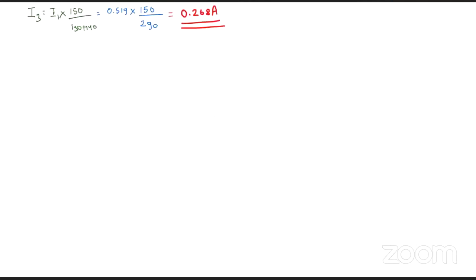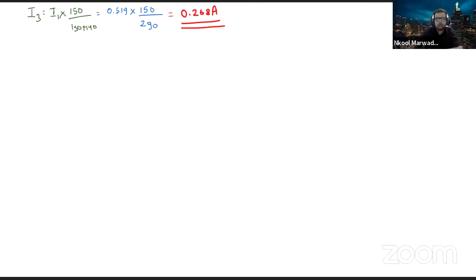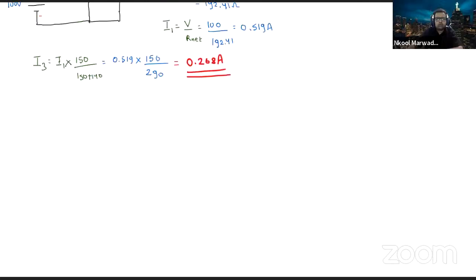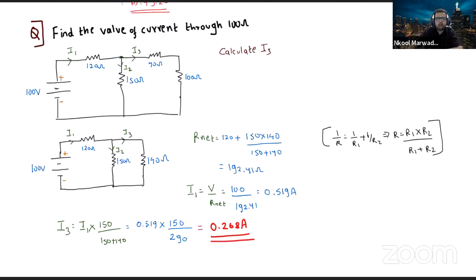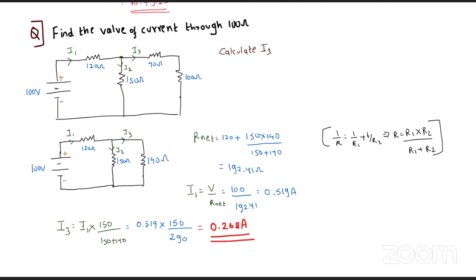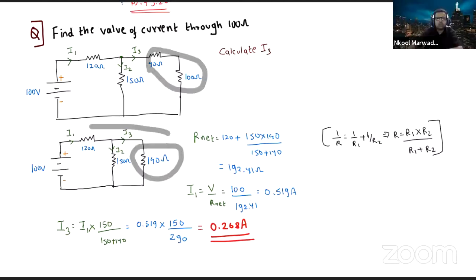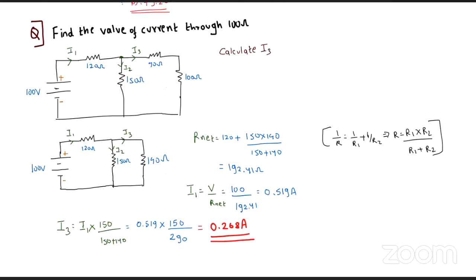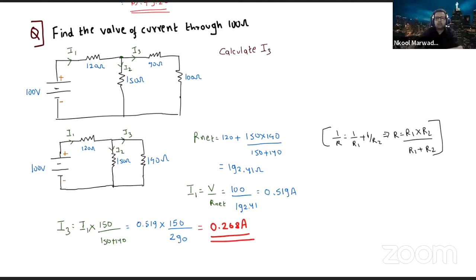Can you explain the R net again? What did you do there? See, you are comfortable with this now? 140, yeah, that one I have understood. Now see, in this circuit, these two are in parallel. Whenever two resistors are in parallel, we apply this formula: 1 upon R is equal to 1 upon R1 plus 1 upon R2.